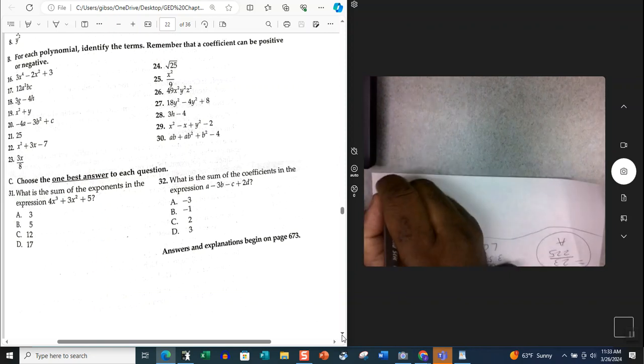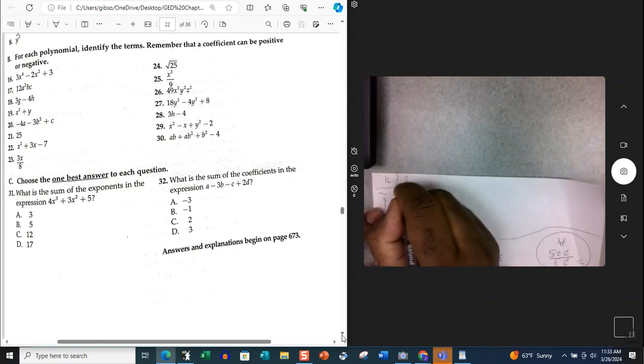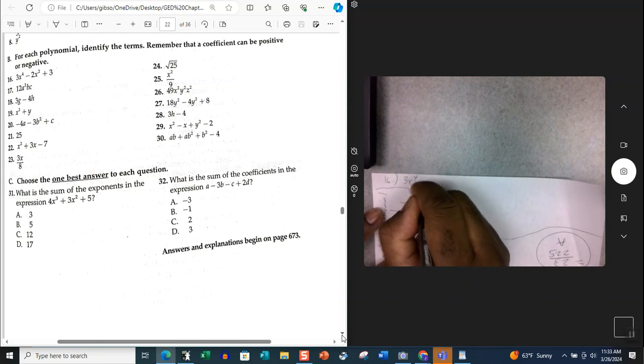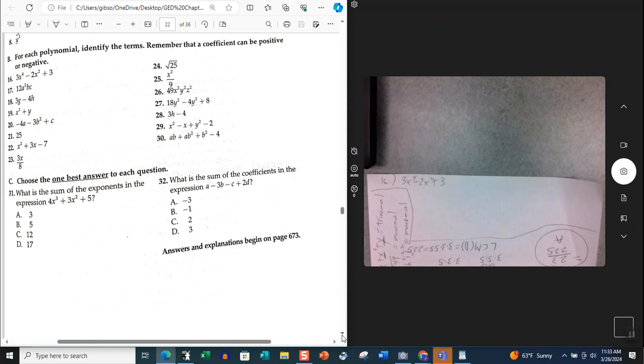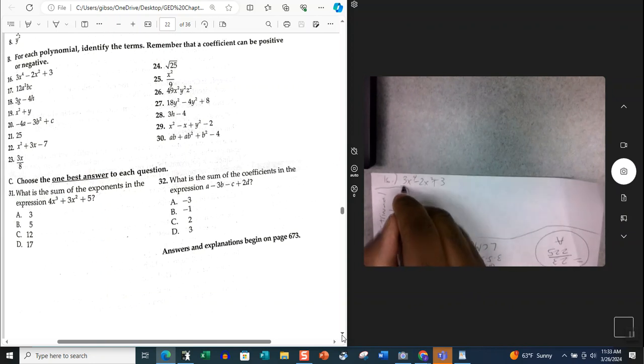So problem 16, we have 3x to the 4th minus 2x squared plus 3. Now, they want us to break this down into the terms. Remember, subtraction and addition separates the terms. So this is the first term.